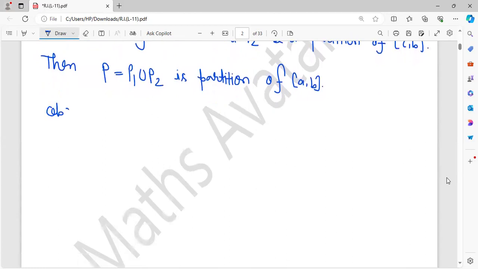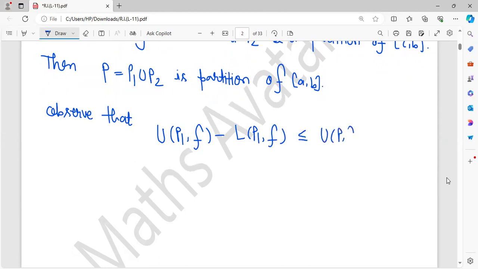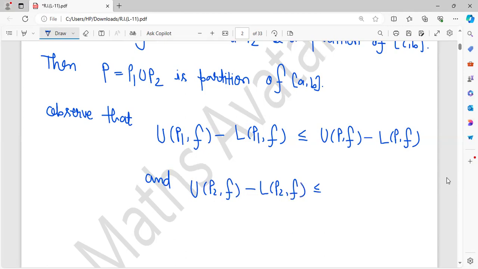Observe that U(P1, f) minus L(P1, f) is less than or equal to U(P, f) minus L(P, f). And U(P2, f) minus L(P2, f) is less than or equal to U(P, f) minus L(P, f).